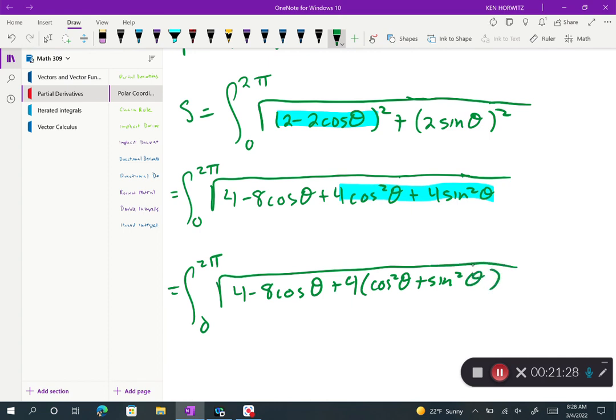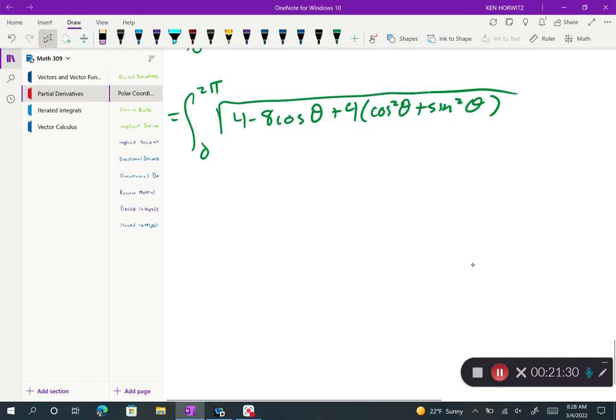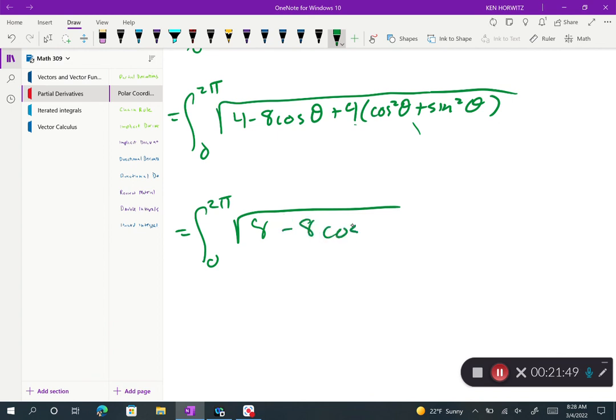Now we know from our trig that cosine squared theta plus sine squared theta equals 1, which means now I'm left with 0 to 2 pi, the square root, and so here I'm just left 1 times 4 is 4, plus 4 is 8, minus 8 cosine theta.